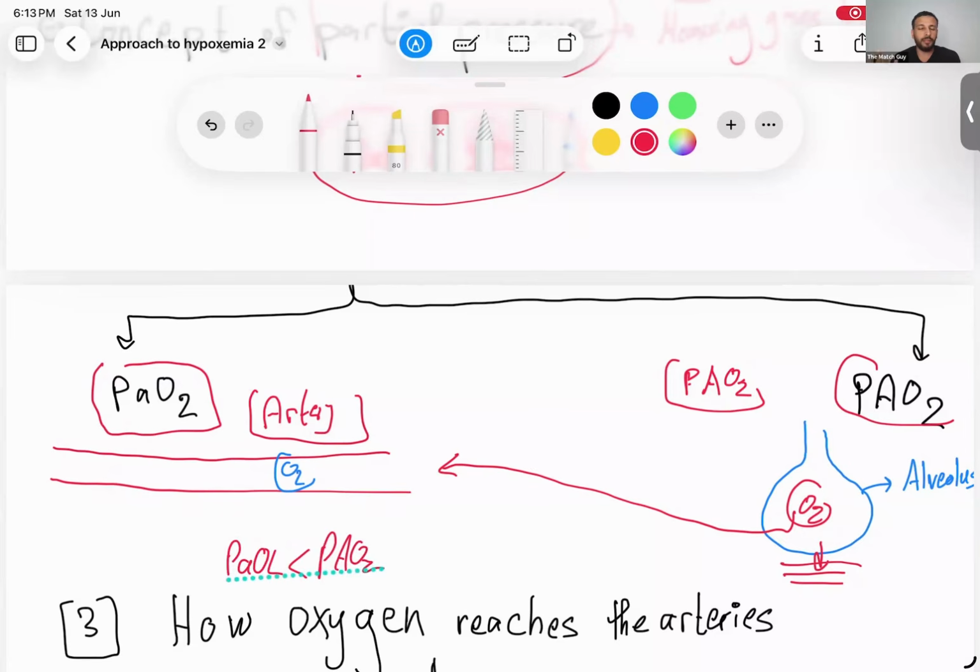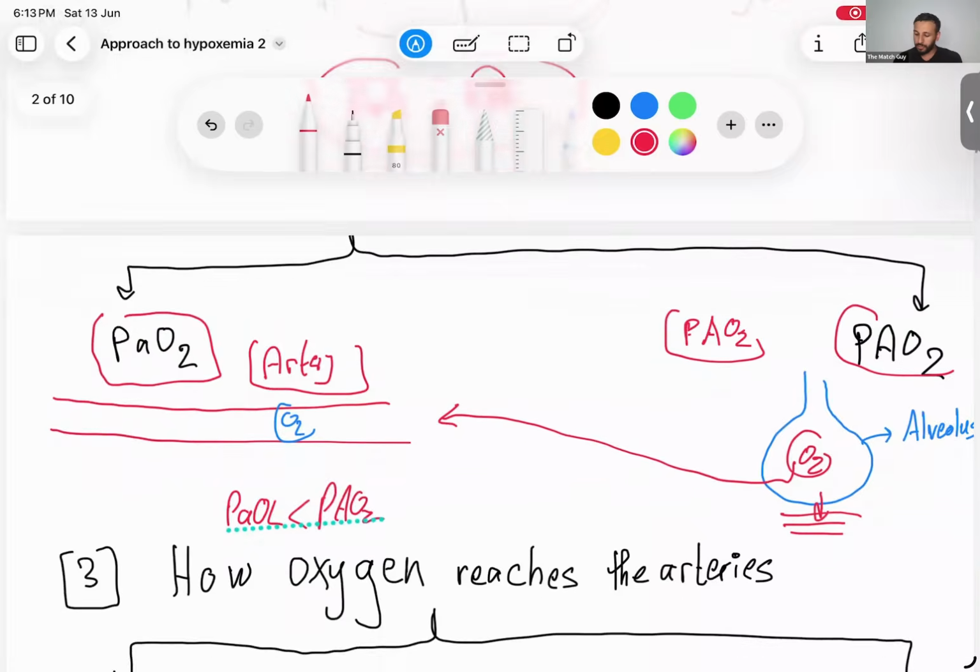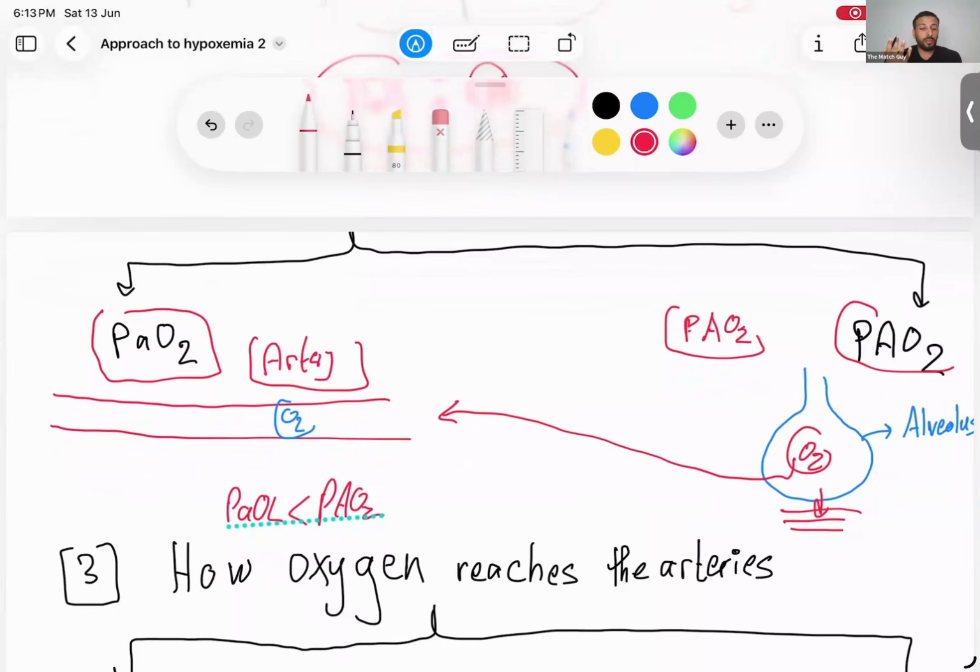Let's call it partial pressure of alveolus and partial pressure in artery, not to confuse you guys. So some of the oxygen is lost in the process of diffusion, and this is totally normal. And the difference between the oxygen in the alveolus and the oxygen in the artery is called the A-a gradient.